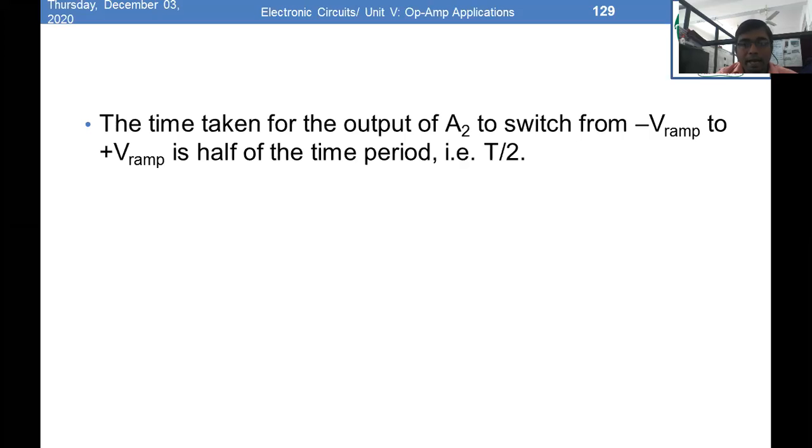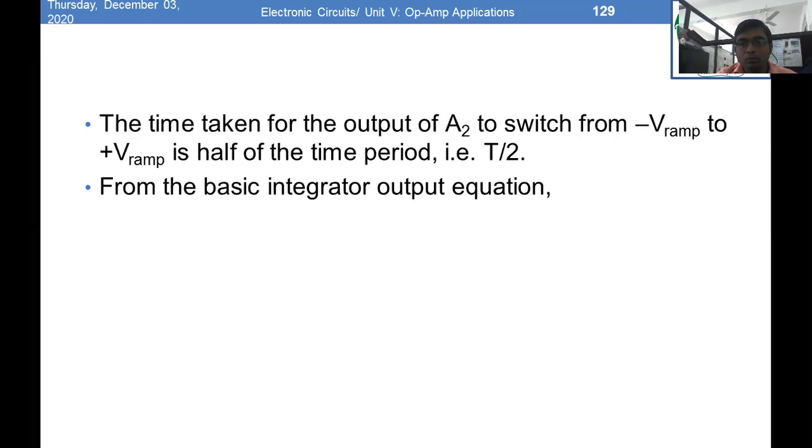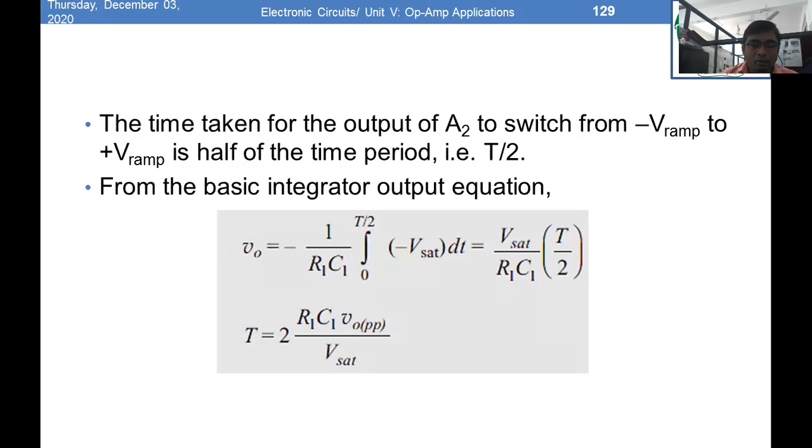So here the time taken for the output of A2 to switch from minus Vref to plus Vref is half of the total time period, that is T upon 2. For the basic integrator output equation, we know that V0 is equal to minus 1 upon R1 C1, because it is an inverting integrator, so the minus sign is there.